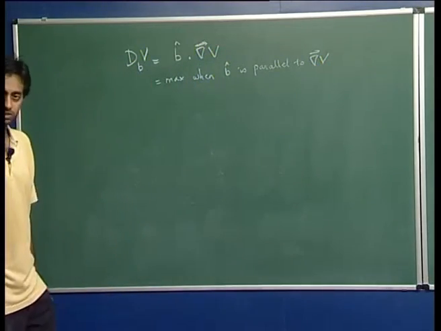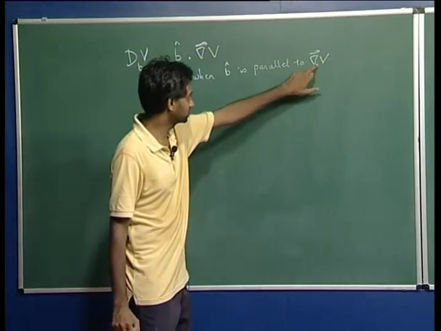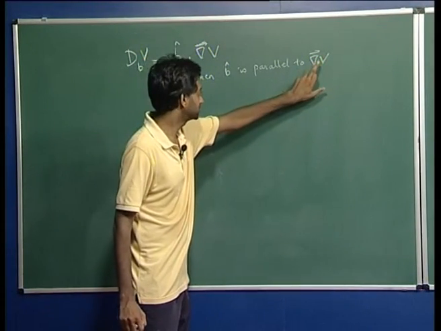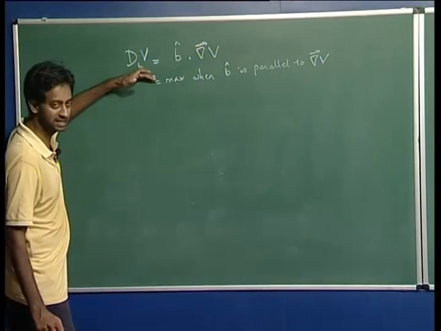Okay. So, this implies that if somebody asks you what is the direction of grad V, you will say that it is that direction along which the directional derivative is maximum.